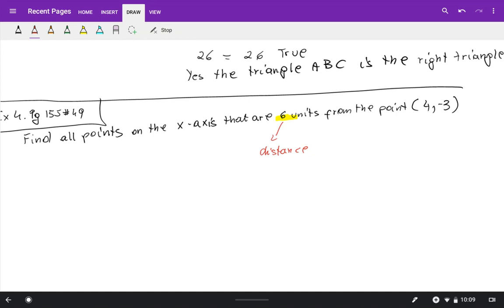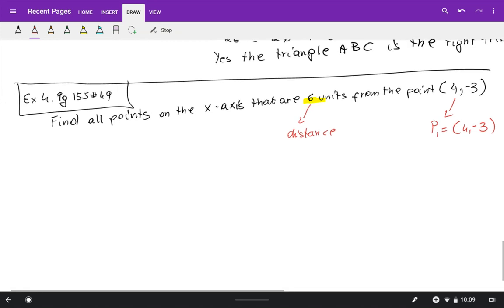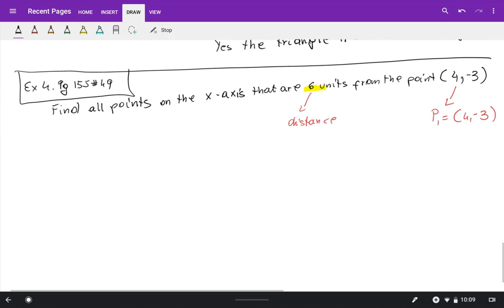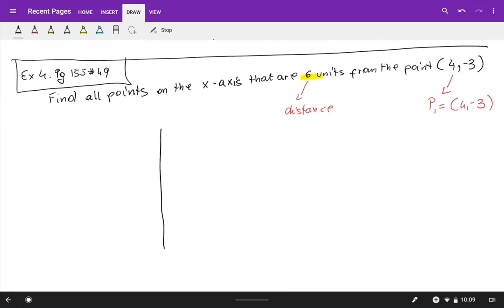Okay, so you may assume that (4, -3), let's say this is point P1. So we need to find the other point. We know that the distance between those points has to be 6. So again, maybe just to see it, let me draw the coordinate plane so we can see a little better.